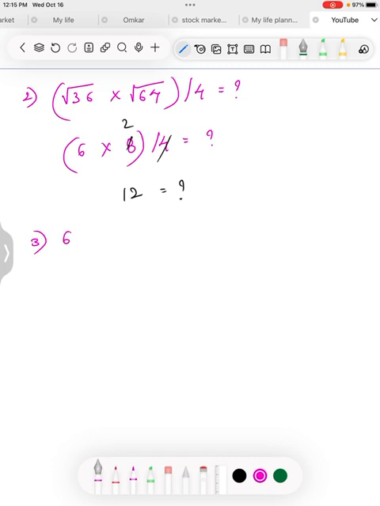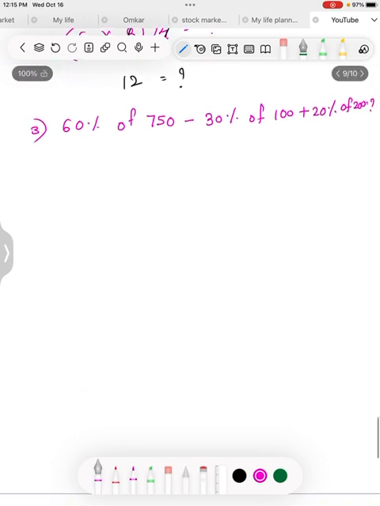So here the question is 60% of 750 minus 30% of 100 plus 20% of 200 is equals to question mark, right? Here you can do it simply in this way.